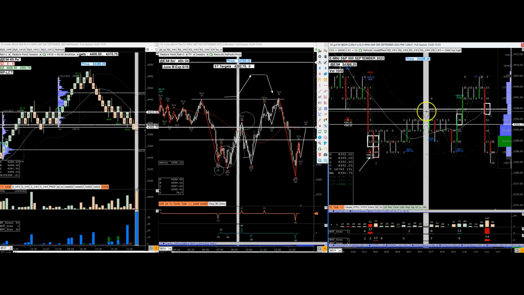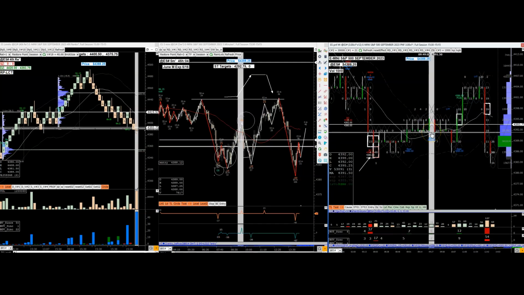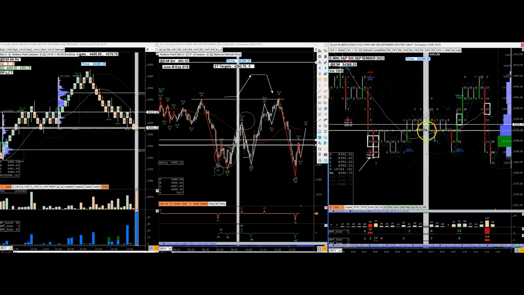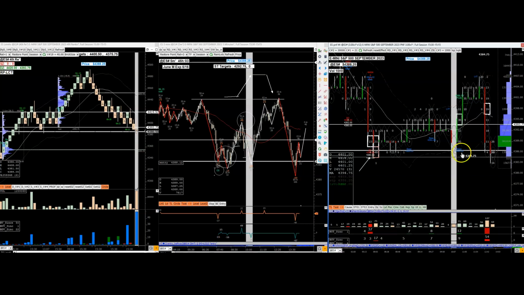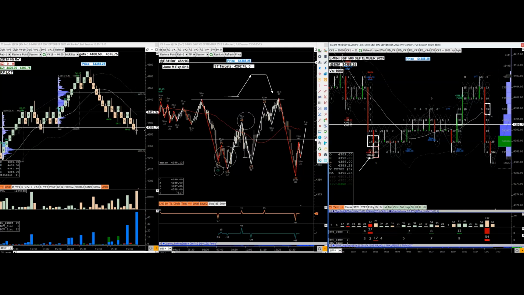So the base crack, 1, 2, 3, 4. And then this was the deep test, because you know that ES has a tendency to do that. When it pulls back, it basically goes to the zones, the demand zone, the deep test.